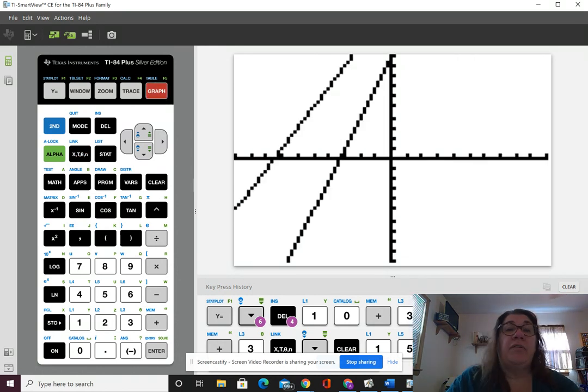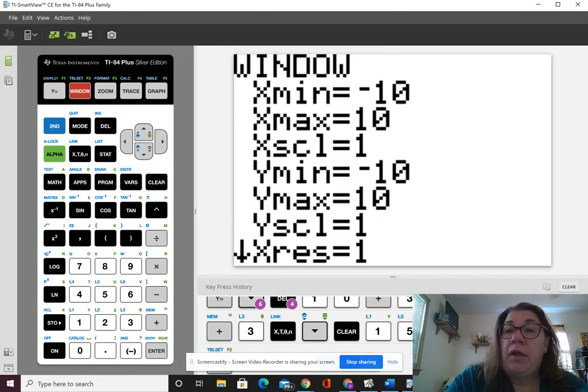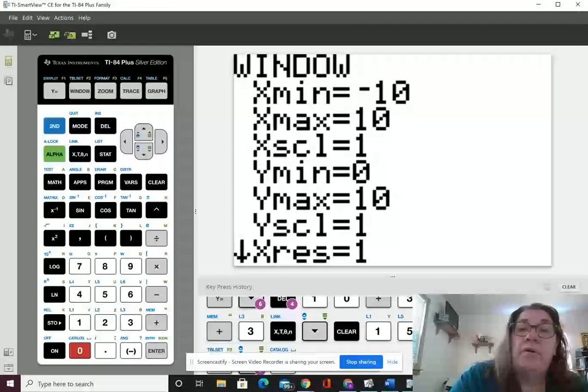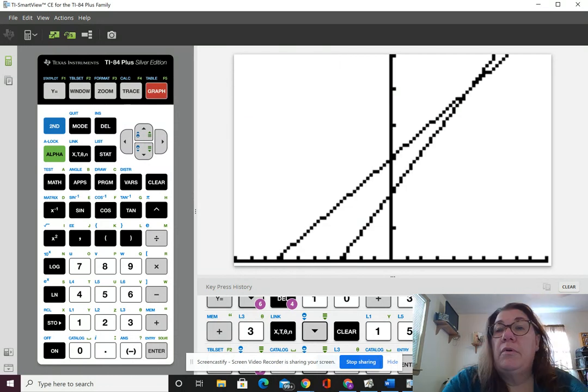Okay, so we don't see that, so you go to Window and you change your y min to be 0 and your y max to be 30. And you can do a scale of 5 if you want. Now your x's are scales of 1, 1, 2, 3, 4, 5.